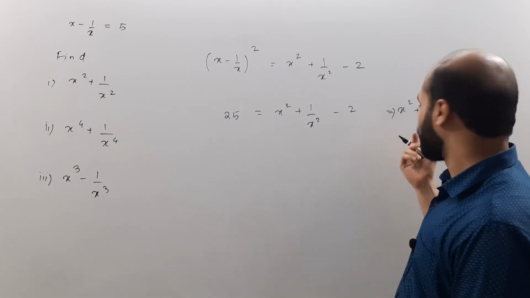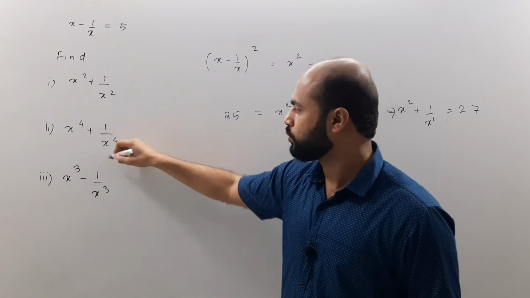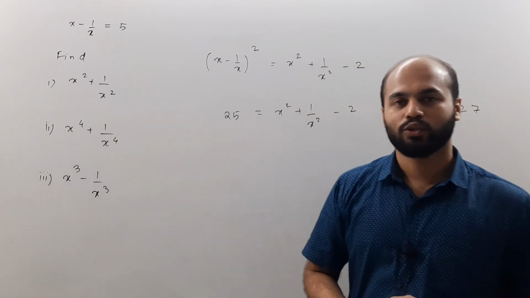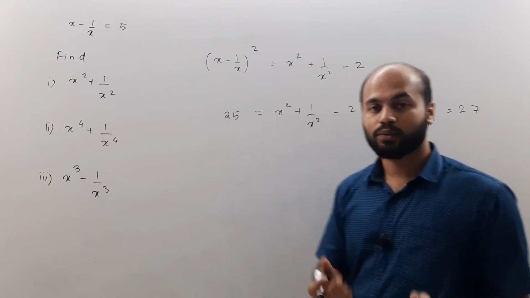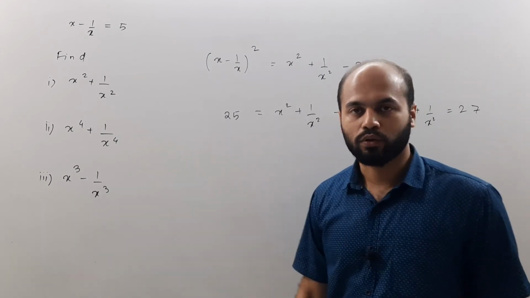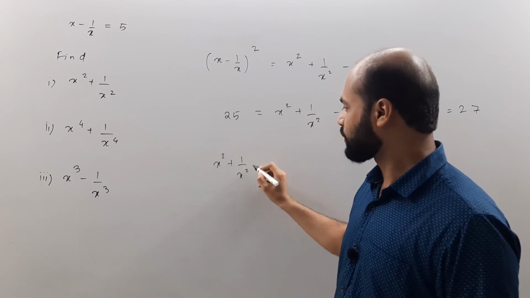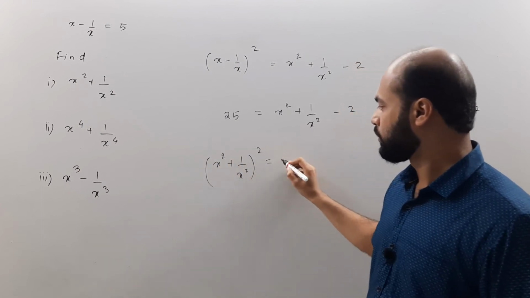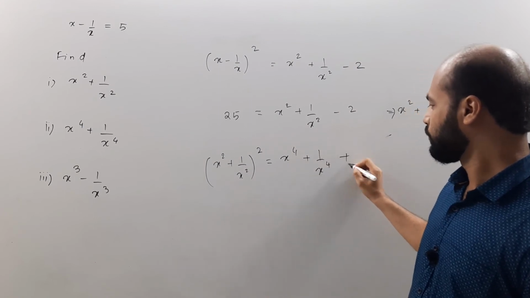Now we have got the value of x square plus 1 by x square. From this we have to move to the power of x raised to 4. So what do you think would be the logic? The obvious logic is that we have to square this term. Only when I square, I will get a power like x raised to 4. So what we will do is x square plus 1 by x square, the whole square would be x raised to 4 plus 1 by x raised to 4 plus 2.